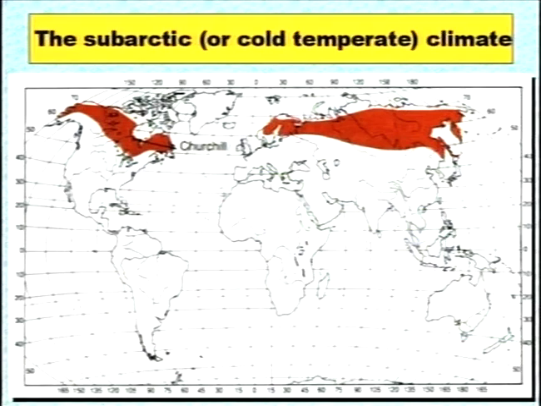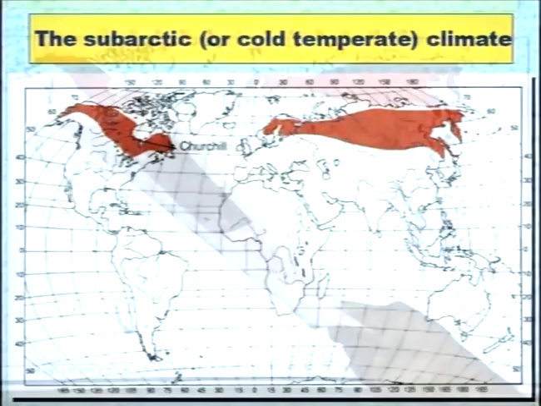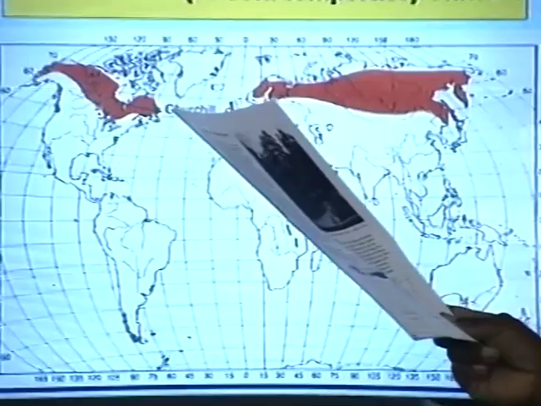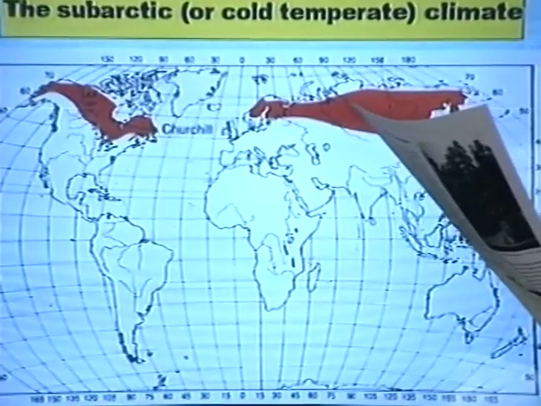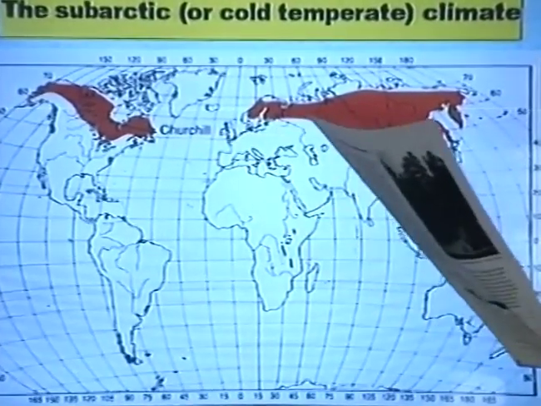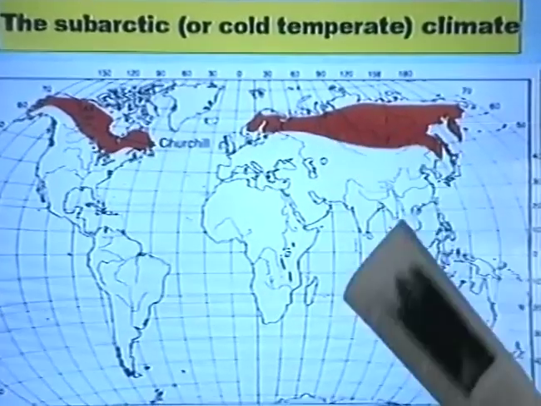Let's look at the map of the world showing some of the areas that have this type of climate, and also we can make reference to the work on ocean currents. Okay, looking at some of the areas of the world that experience the subarctic or cold temperate climate. We have North America, all of that area, running from the west all the way to the east, within those latitudes 50 to 60 and 60 to 70.